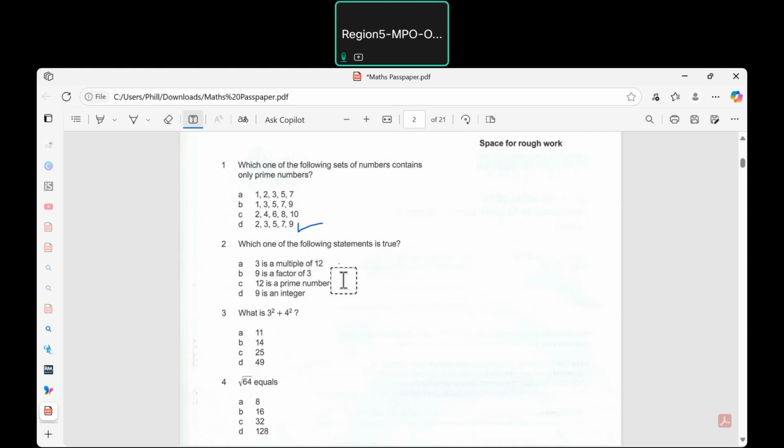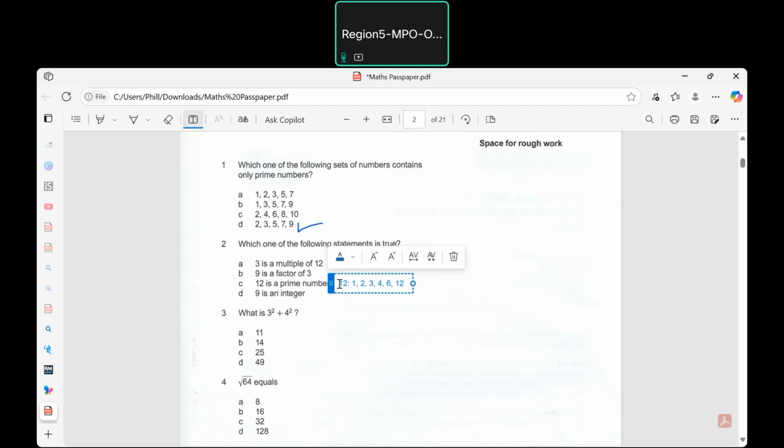Now, it says that 12 is a prime number. Now, you know that a prime number only has 2 factors, itself and 1. But let's look at the factors of 12. 12 has the following factors. 1 can go into 12 without leaving a remainder. 2 can go into 12 without leaving a remainder. 3 can, 4 can, 6 can, and 12 can go into 12 without leaving a remainder.